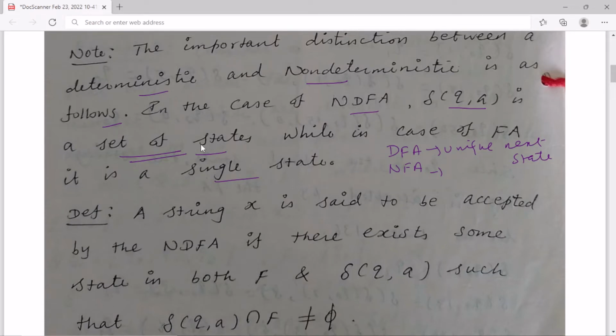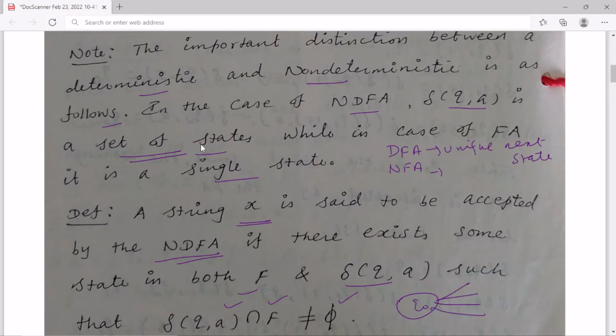Next, a string X is said to be accepted by the NDFA, that is non-deterministic finite automaton, if there is some state in both F and delta of Q comma A such that the intersection is not an empty set. That is, delta of Q comma A intersection F is not equal to empty. That means, as I told already, by reading any input symbol you have more possibilities.